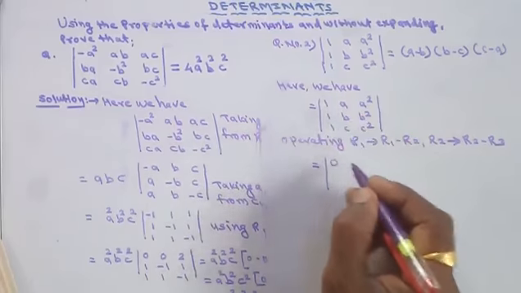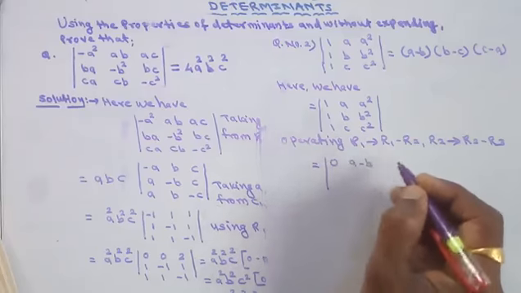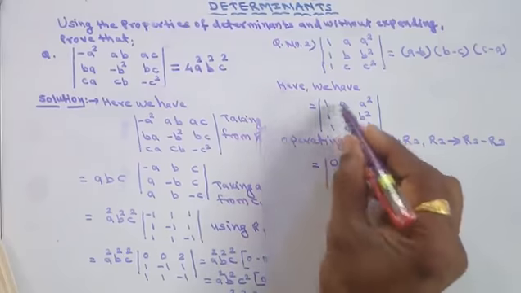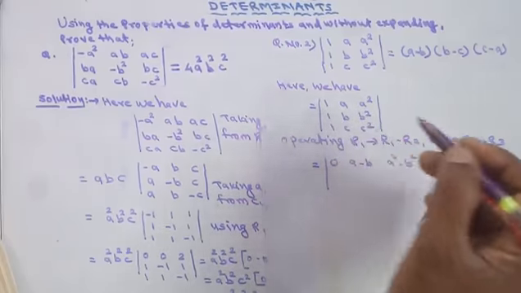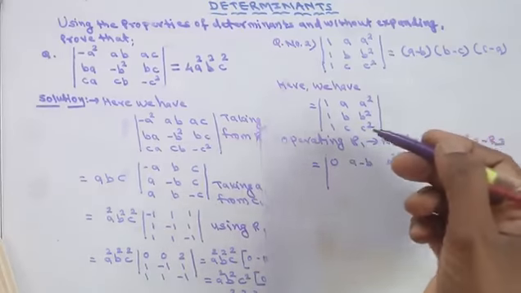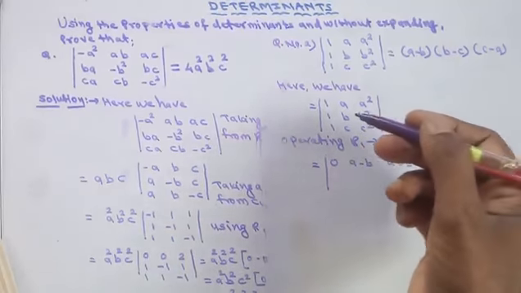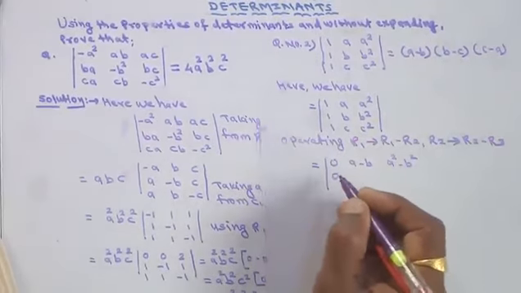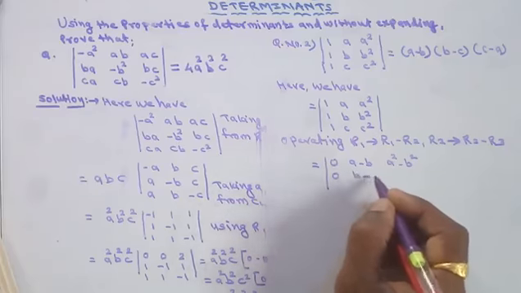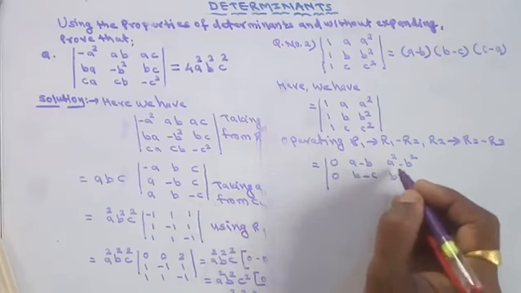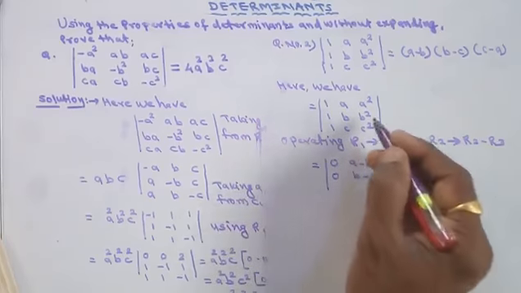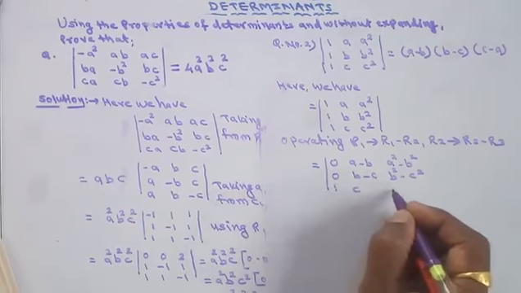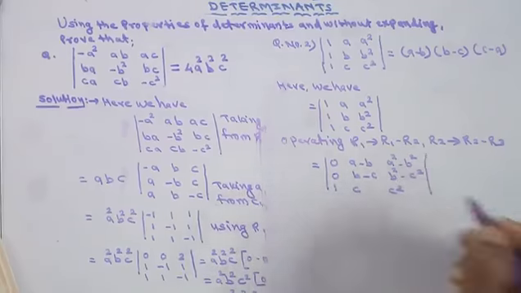So this is our delta. This determinant equals, I will get 1 minus 1 which is 0, then a minus b, then a square minus b square, subtracting the corresponding elements of r1 and r2. Then here 1 minus 1 is 0, then b minus c, then b square minus c square. Write the third row as it is: 1, c, c square.